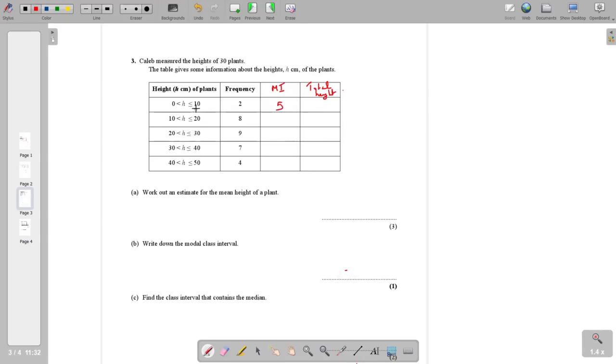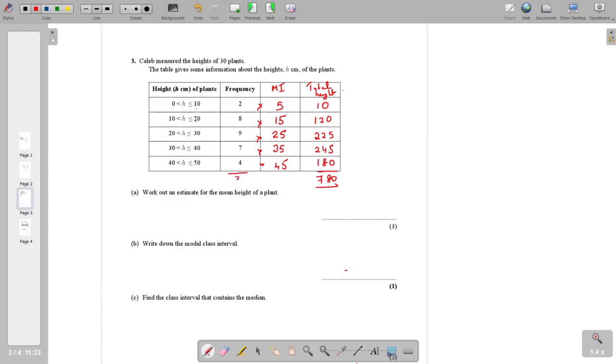You add these two together, divide by 2, 15, 25, 35, and 45. Let's multiply all of that. That's 10, 120, 225, 245, and 180. Let's get the total, 780.